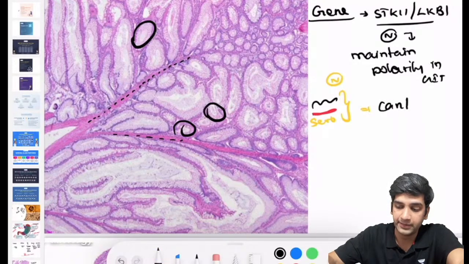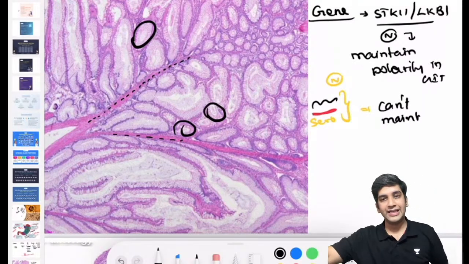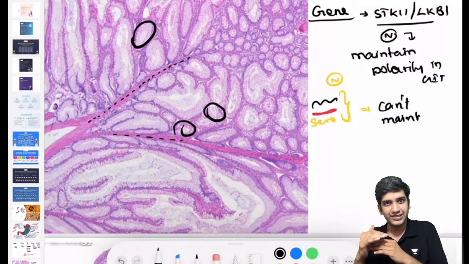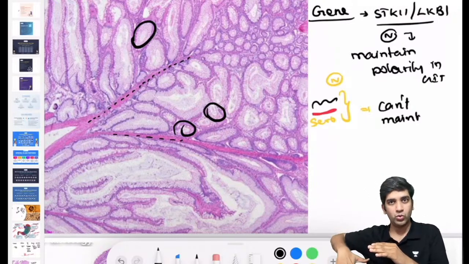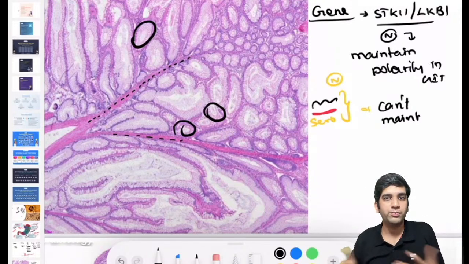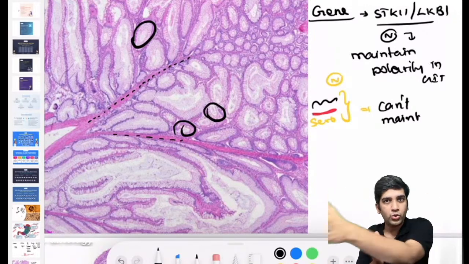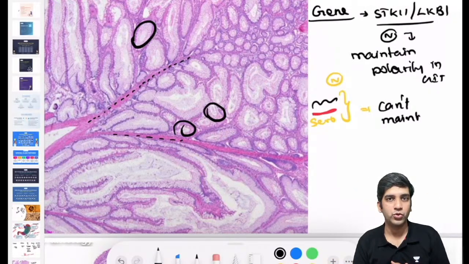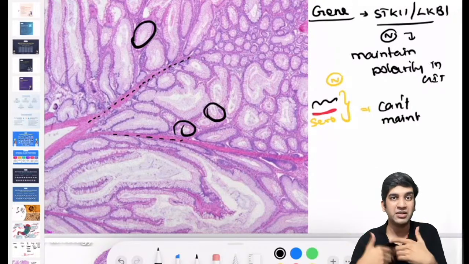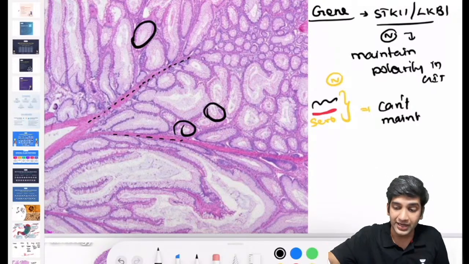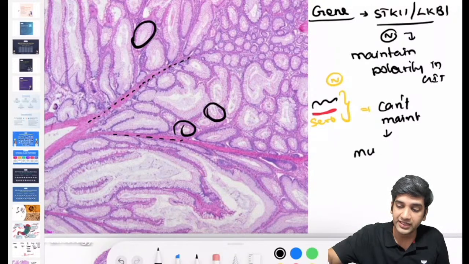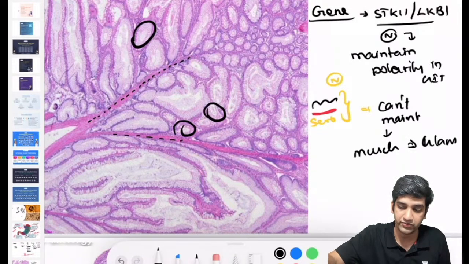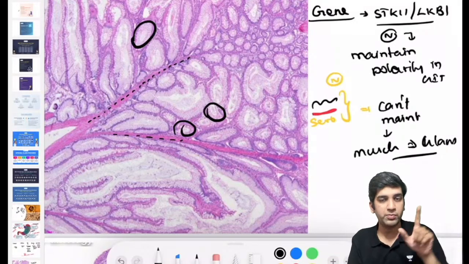When polarity can't be maintained, the muscle, which is supposed to be very low, doesn't know where to go, because I don't have someone to say, okay, you go below the submucosa. So the muscle comes inside my mucosa. That's the reason I am having muscle in between the mucosa. When polarity cannot be maintained, the muscle goes between the layers of the glands. So that's why the microscopy image is like that.